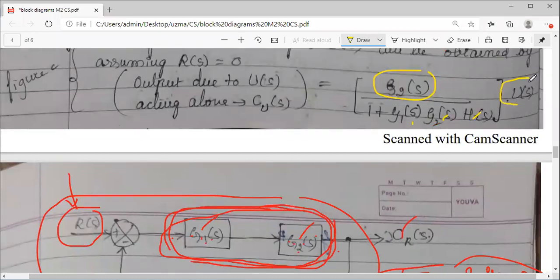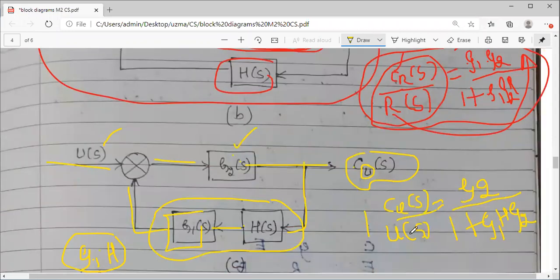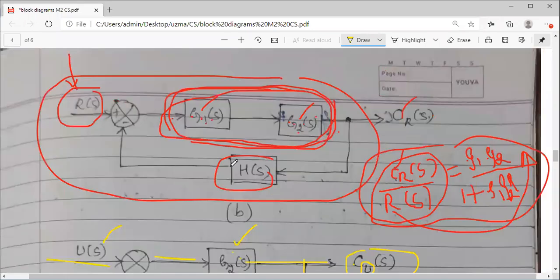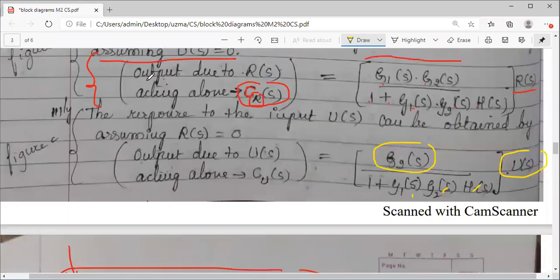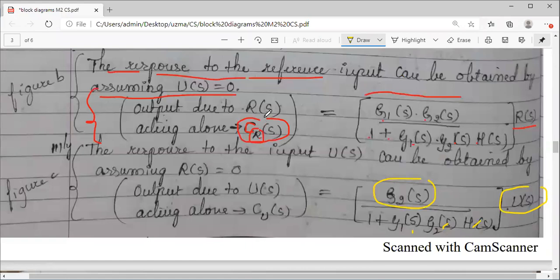And again I have taken U of S here, indicating U of S is multiplied on the LHS. So hope you understood how I have taken the responses, outputs CR of S and CU of S, or C by R or C by U.